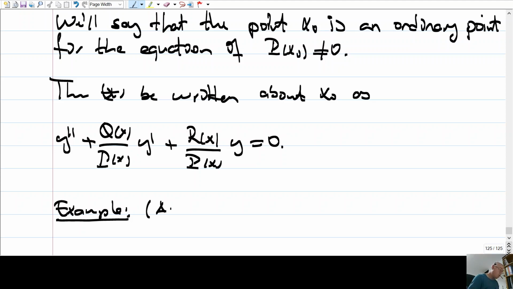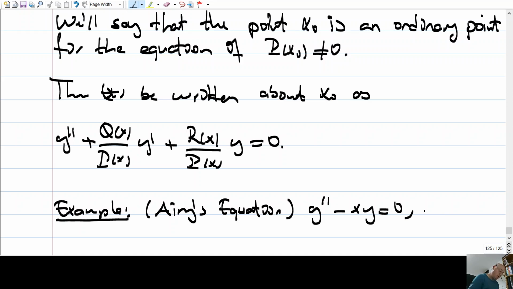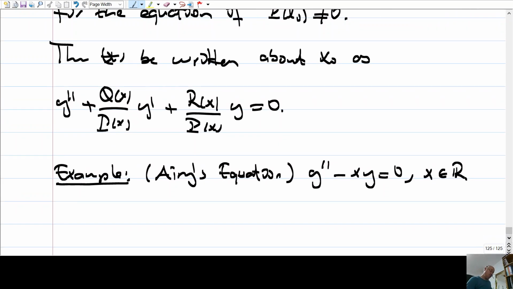This is called the Airy equation, and it is this one: y'' minus x times y' equals 0, for x a real variable.